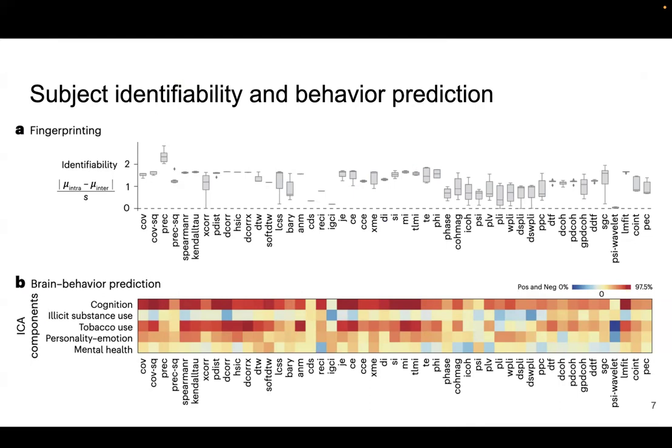So to identify subjects, they took subjects from the HCP dataset with several recordings. They derived FNC for each one, and they compared the mean of the subject FNC and the mean of the whole dataset FNCs. And they derived this metric, which compares the difference between the means divided by the variance. It kind of allows you to tell on a very high level if the data is separable in theory.